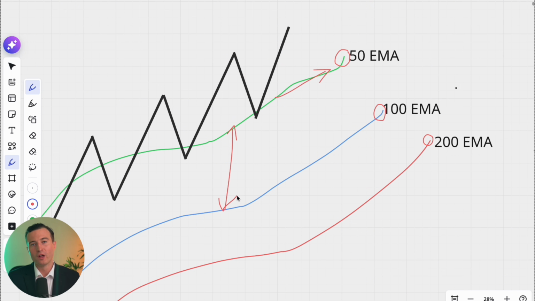If so, then you have an uptrending market. We also do not care where price is in relation to the EMAs. So even if price action came down and was below the 200 exponential moving average, as long as they are still in order, you would still have a long bias market.